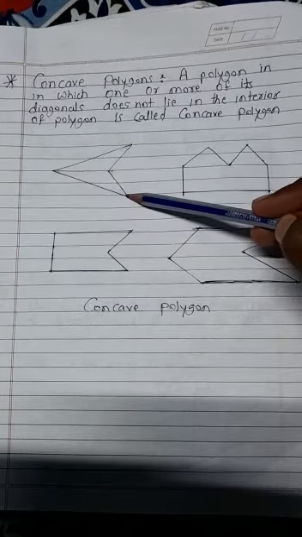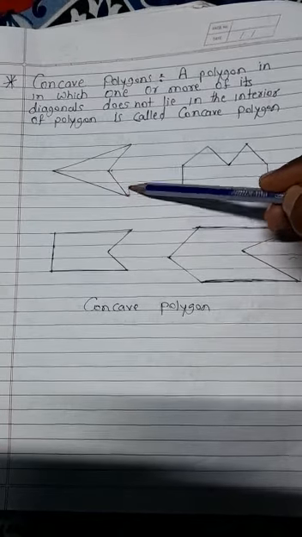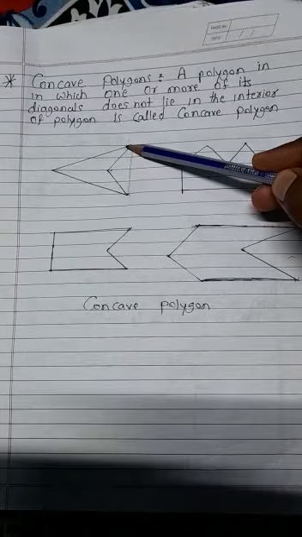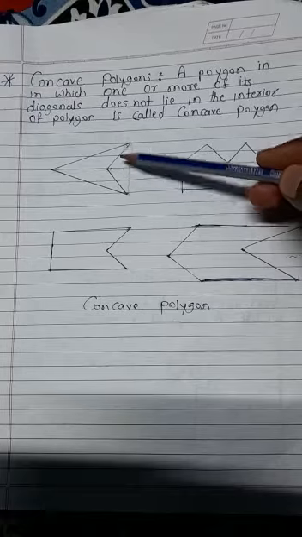Only one is left, this one. So when you join these two, you will get the diagonal, but this diagonal is lying outside of this polygon.